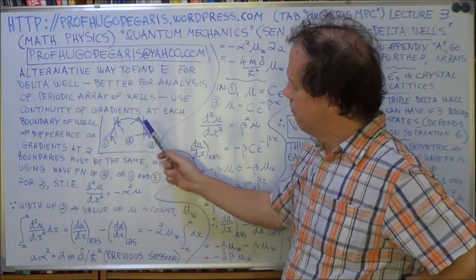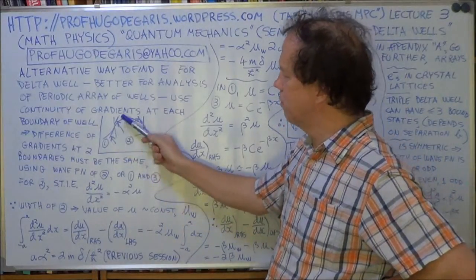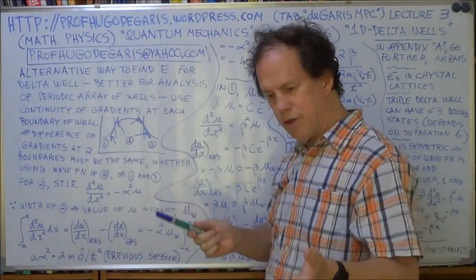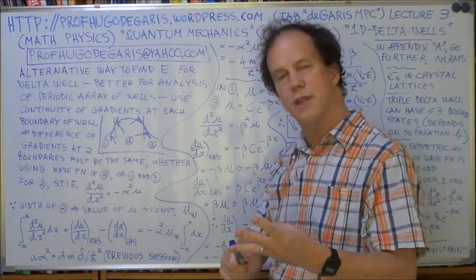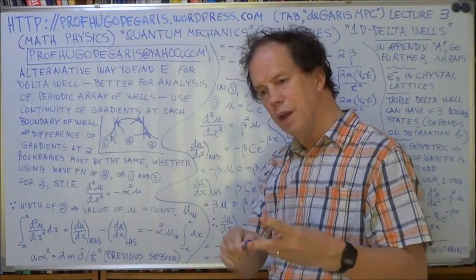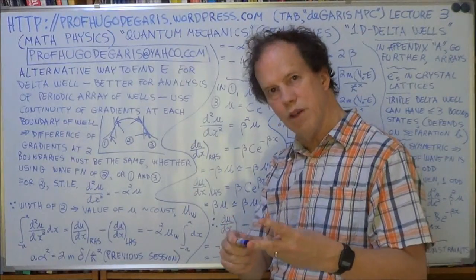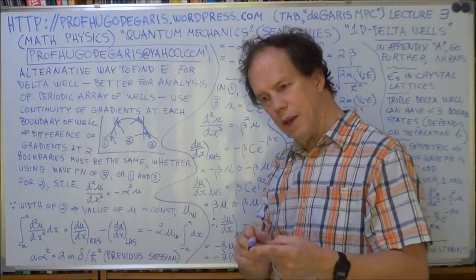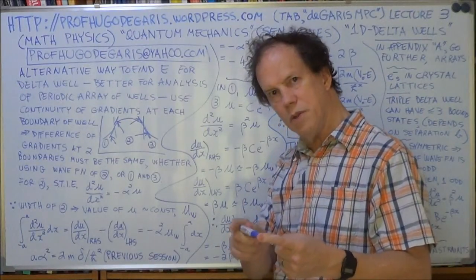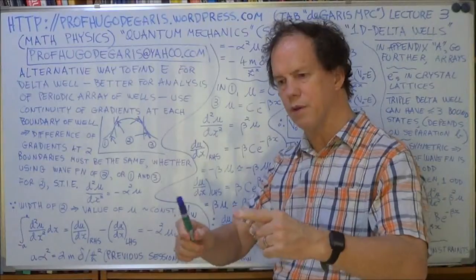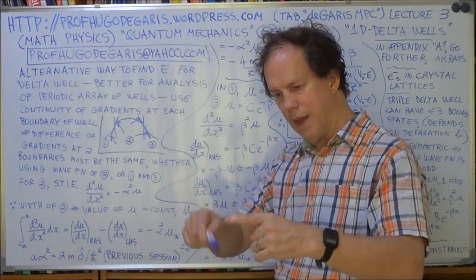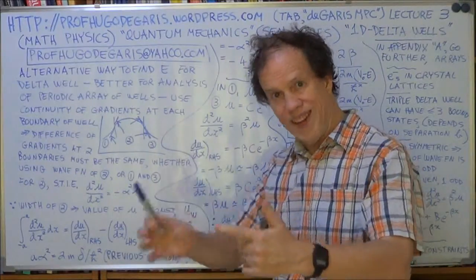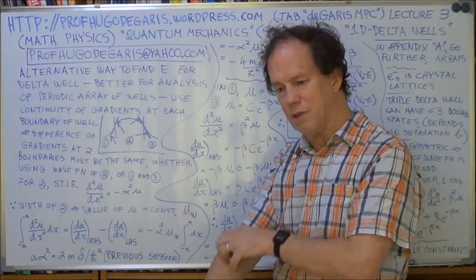Okay, so here's the essential idea. We'll use the usual constraints on the eigenfunction, the wave function. It has to be single valued. It has to be normalizable, and it has to have continuity in terms of the value itself, your u at some boundary, and the differential, the gradient, has to be the same.